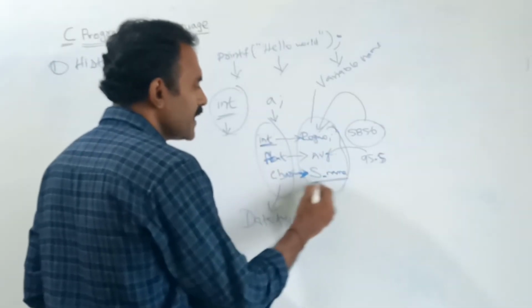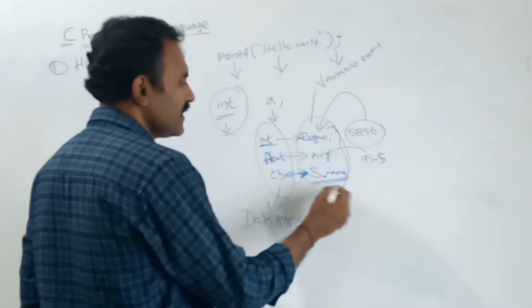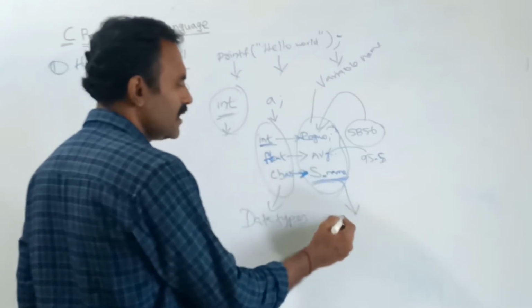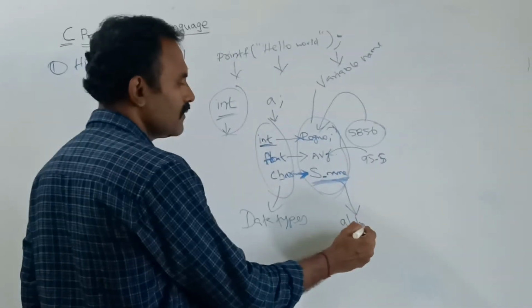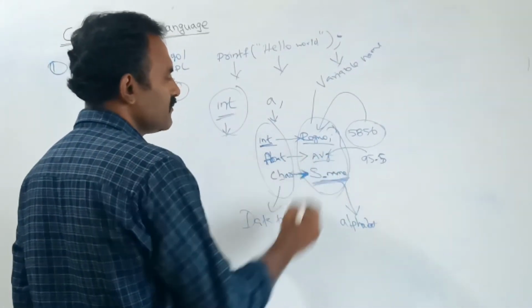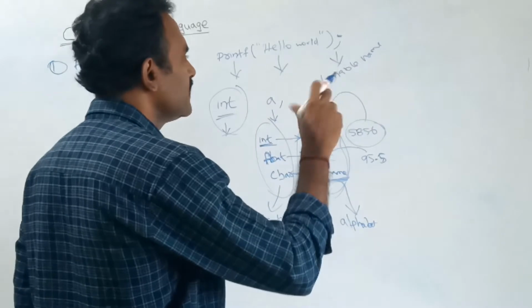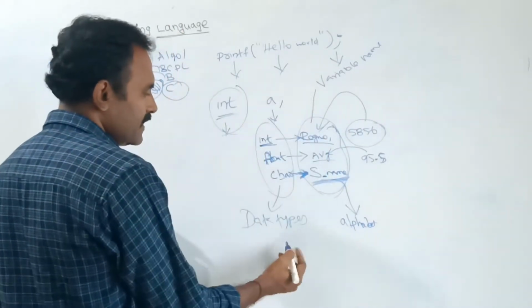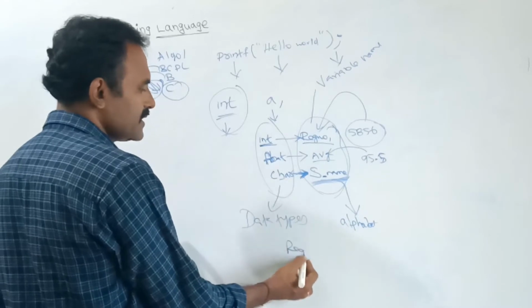Here, for the variable name, some rules were there that we have already seen. The starting letter should be an alphabet. Let us see some valid and invalid variable name declarations. Suppose register number, it is a valid one.